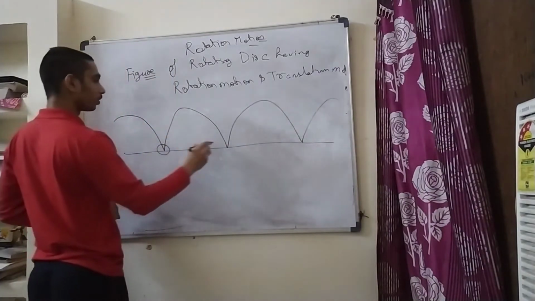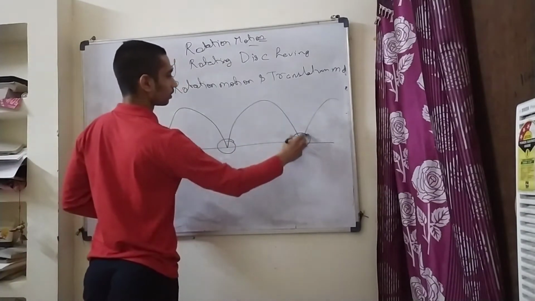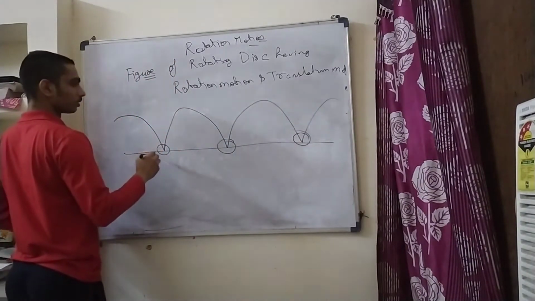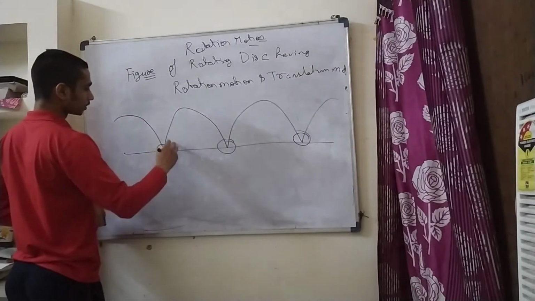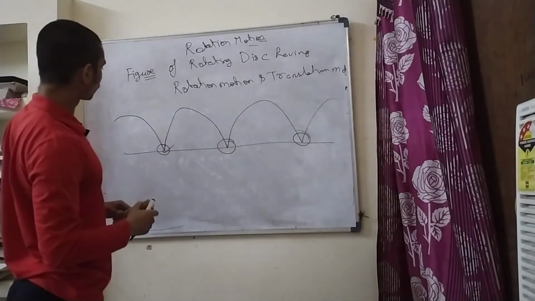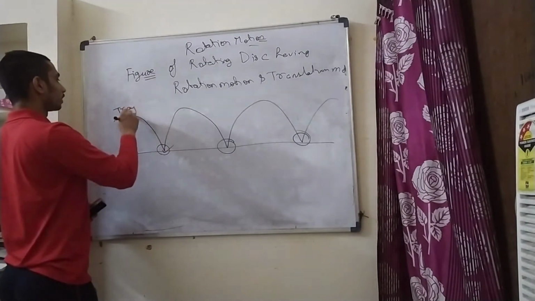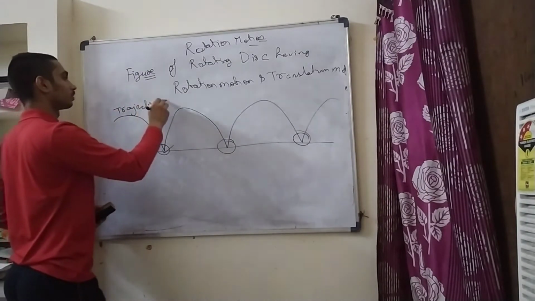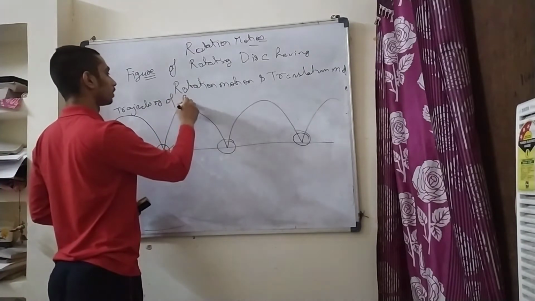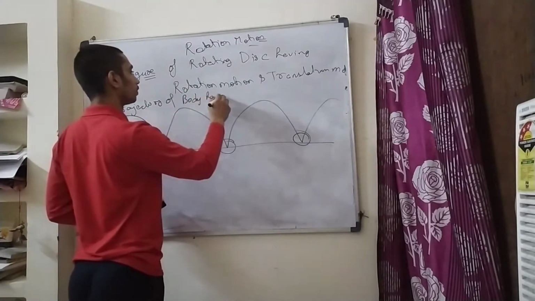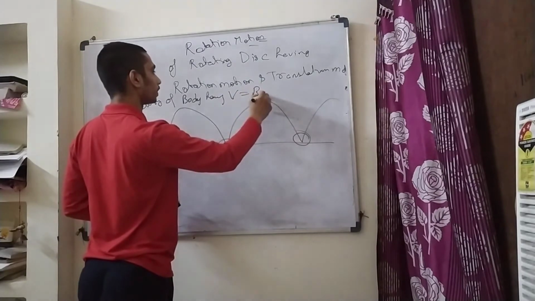Here we will get non-differentiability in the diagram. So this is the trajectory of a body having v equal to r omega.